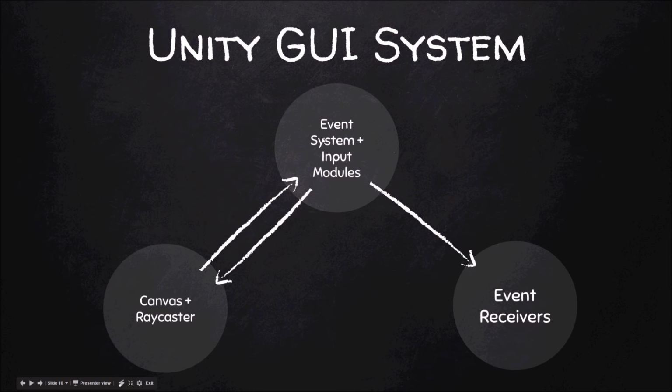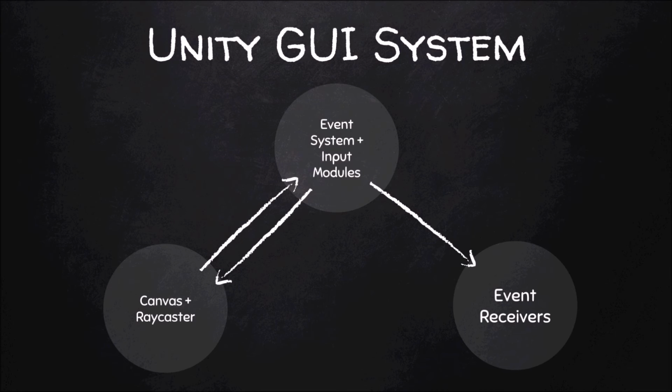So the event system will ask the raycaster to give it information if the user input has interacted with a GUI element. So if I have clicked the button, the raycaster will determine that yes, my click was on a button, and that information will come to the event system. Now it is the job of the event system to fire the events on those GUI elements.